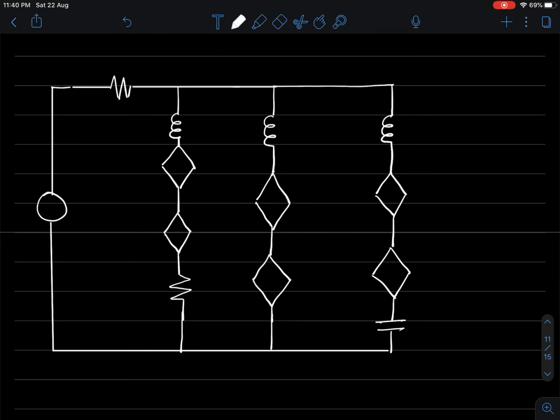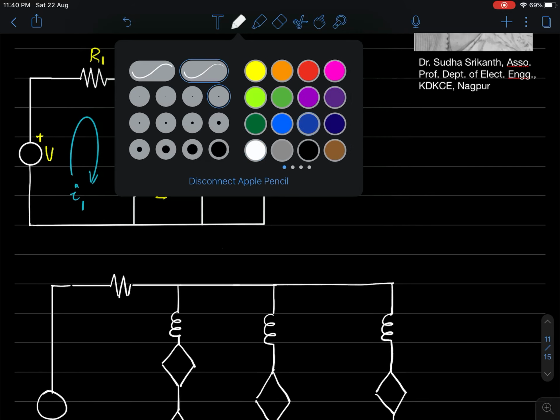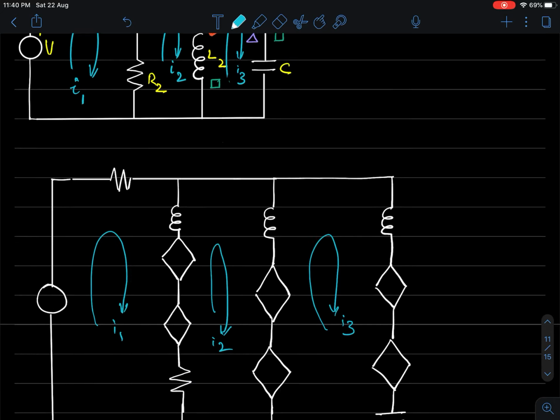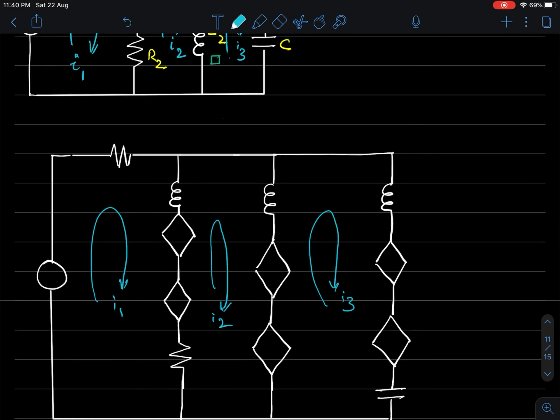So let me put the values one by one quickly. I suppose I need to put the currents. There is a current of I1 here, a current of I2 flows like this, a current of I3 flows like this. Alright, the three currents I'm able to put back.